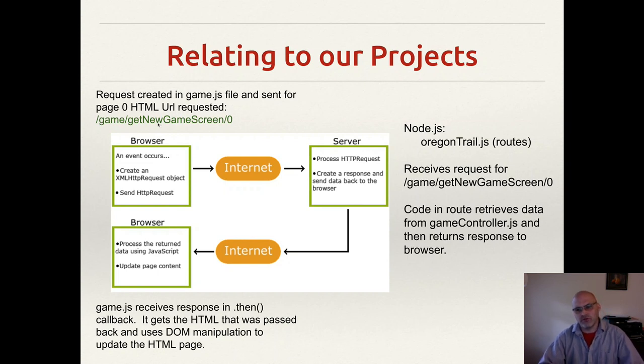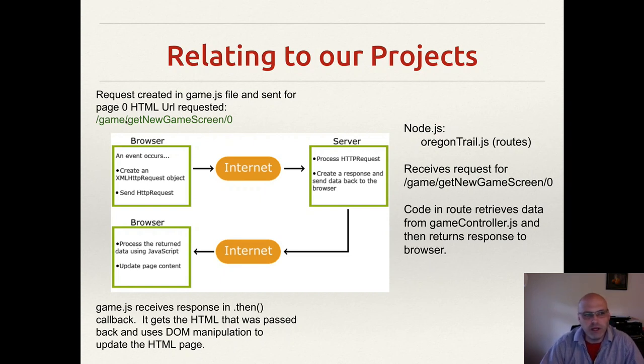So this is for our setup screens where you go through the entire setup, where you pick your profession, if you're going to be a banker or a carpenter or a farmer, and then you give your players names, and then you pick a start month, all of those things that you go through in the setup.